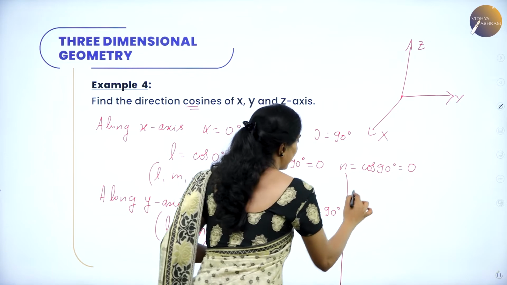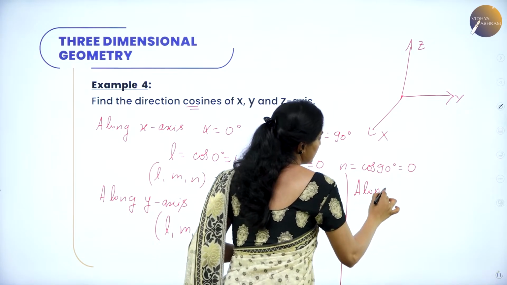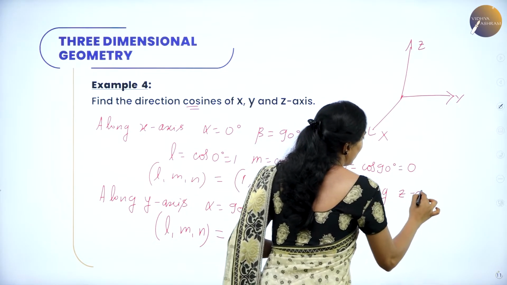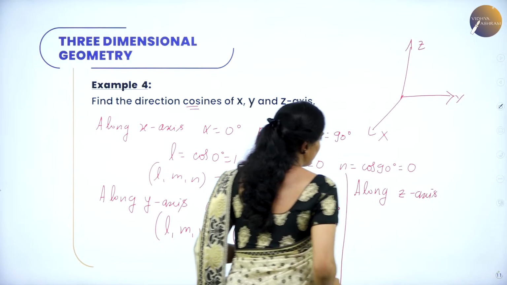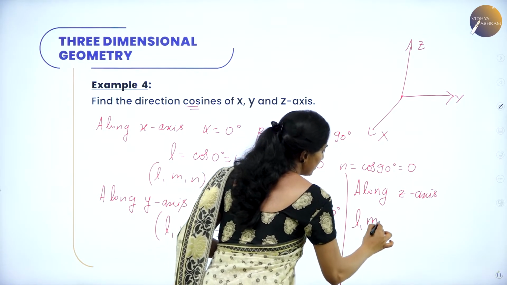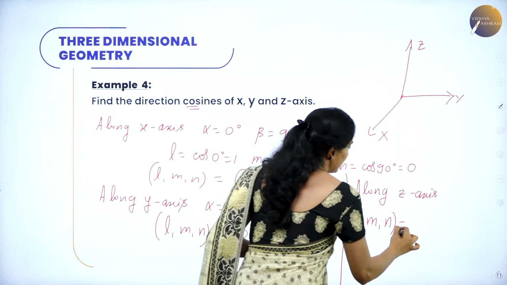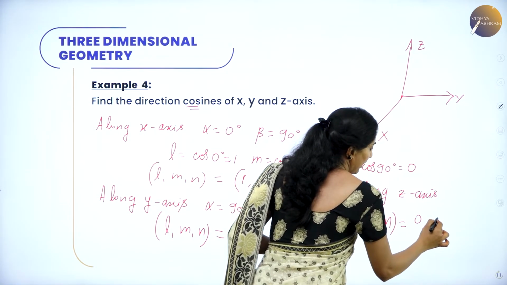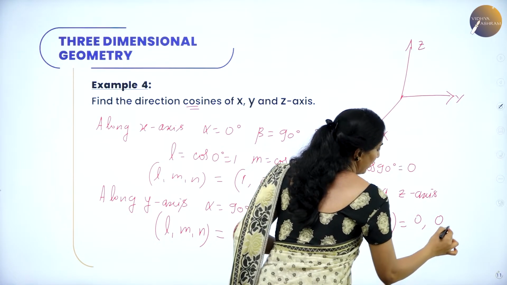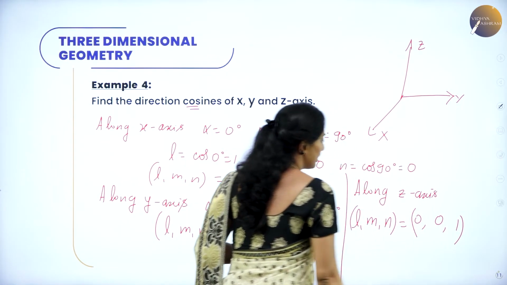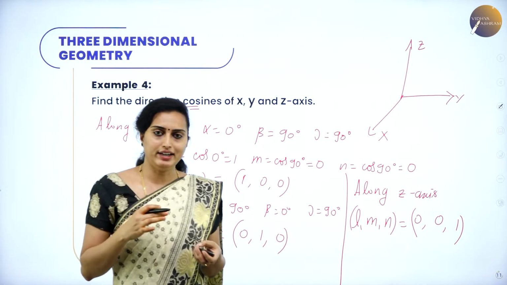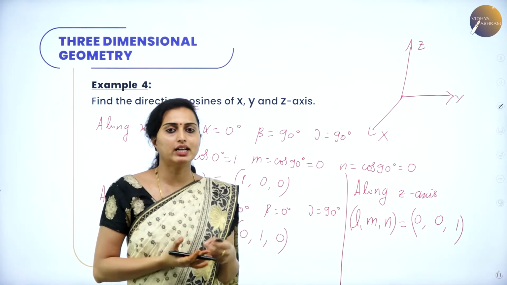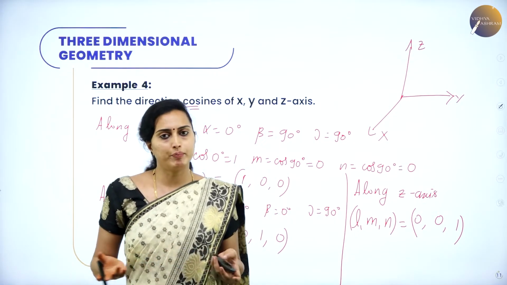Similarly, along the z-axis, what is it? Yes, your guessing is right. Along the z-axis, L, M, N is cos 90 degrees, which is 0, again cos 90 degrees 0, and cos 0 degree 1, since alpha, beta are 90 degrees and gamma is 0 degree, as x and y are perpendicular.